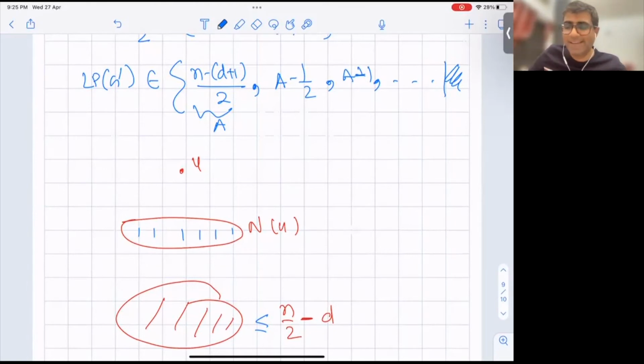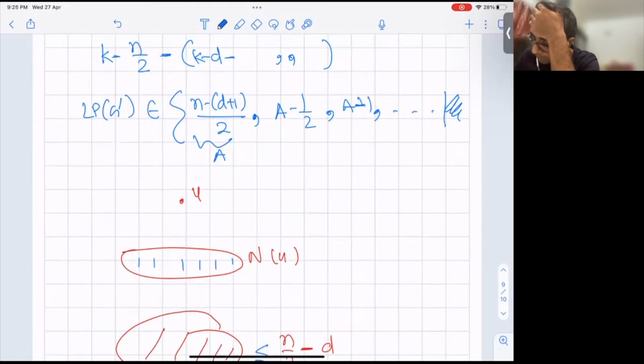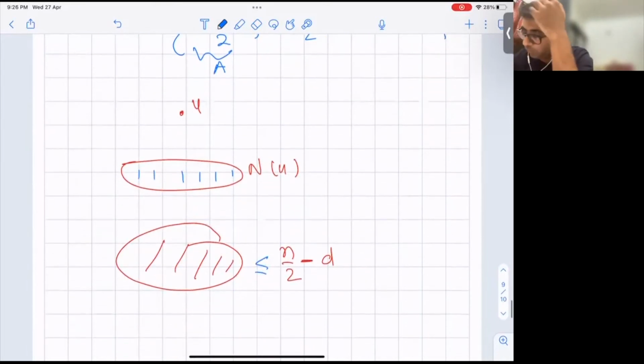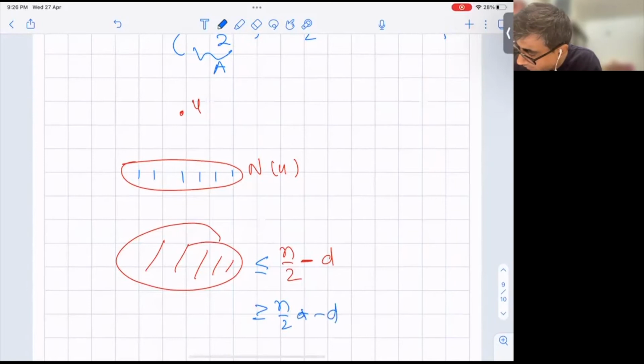But okay, here is a funny part, right? So let's believe that this is, say, n by 2 minus d plus some x.